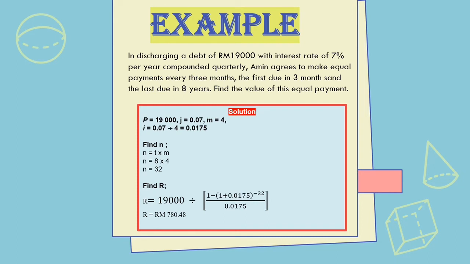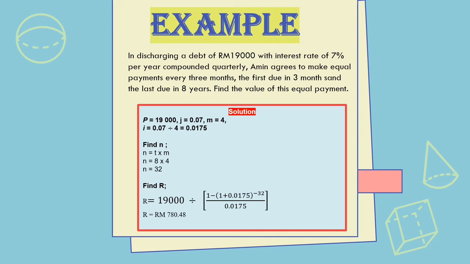We just use the formula that I told you before at the previous slide, which is R equal to 19,000, which is the present value, multiplied with 0.0175, divided with 1 minus 1 plus 0.0175 to the power of negative 32.